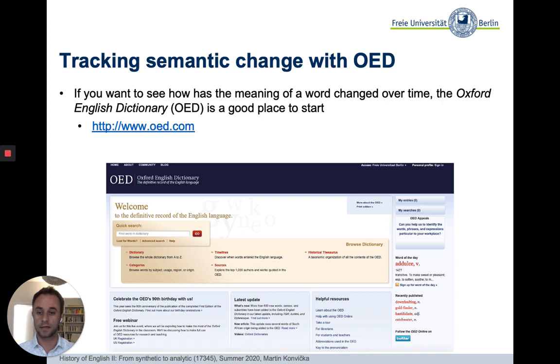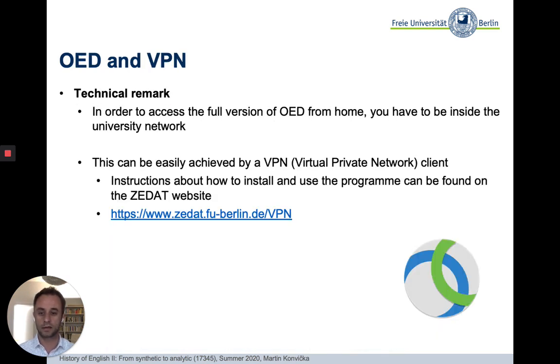And as I said, we are going to use the Oxford English Dictionary. You can find this at OED.com. But in order to access this dictionary in full, you actually have to be in the university network. For those of you who already know how this works, this is a piece of cake.